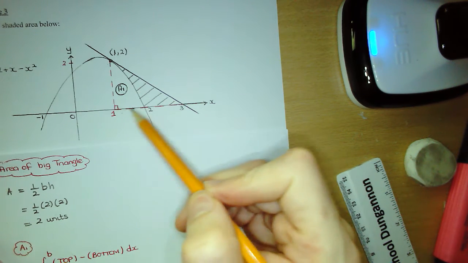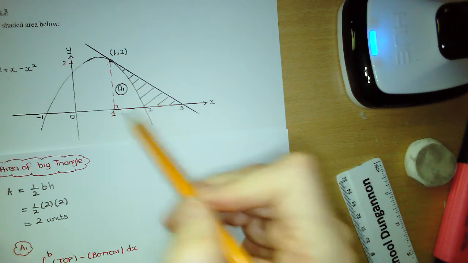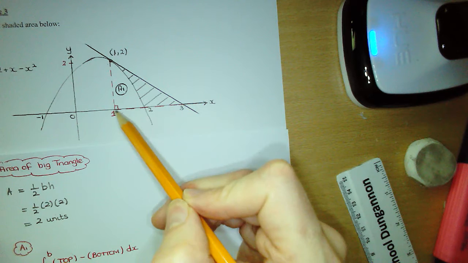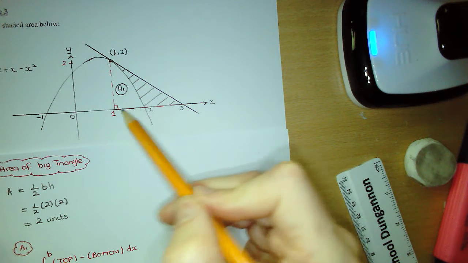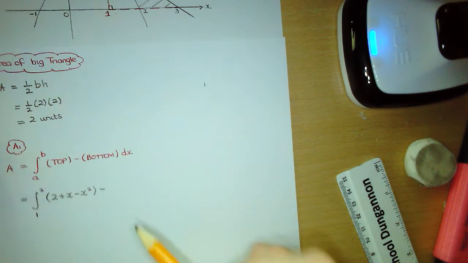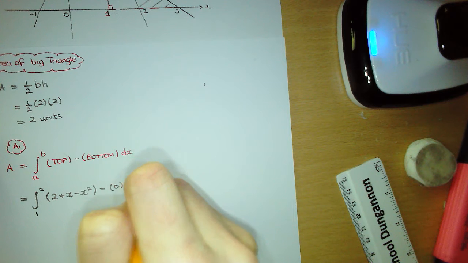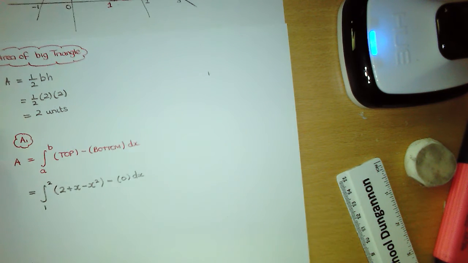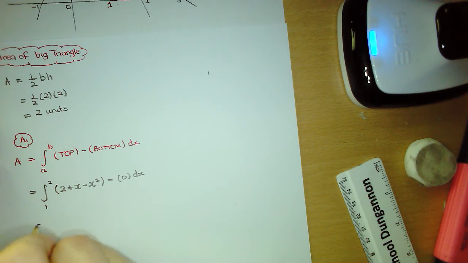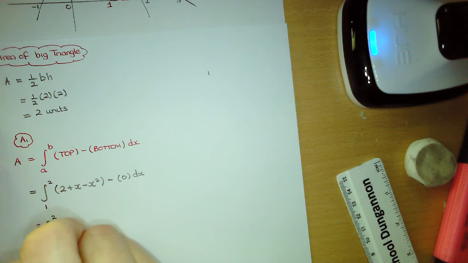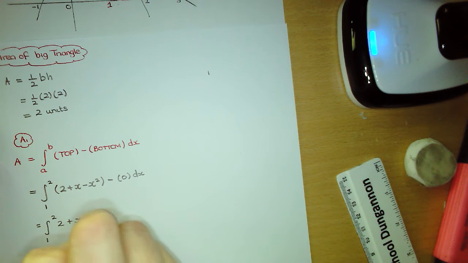So the bottom here, so what is directly underneath the area A1? It's the x-axis, and it has the equation y equals 0. So we're subbing in the non-y term there, which is 0. And then we're integrating with respect to x. So tidy it up, get rid of brackets. So we're integrating between 1 and 2 of 2 plus x minus x squared.